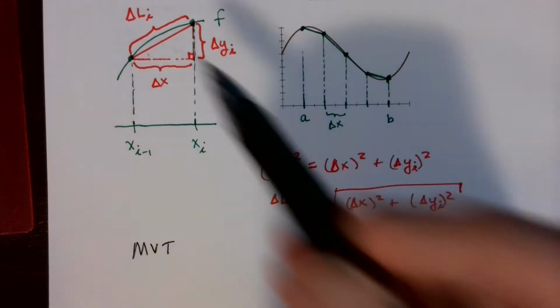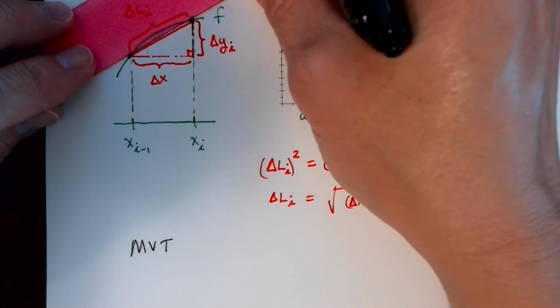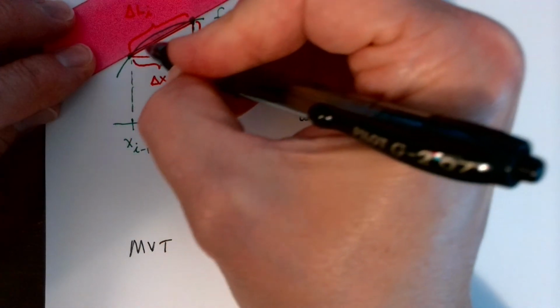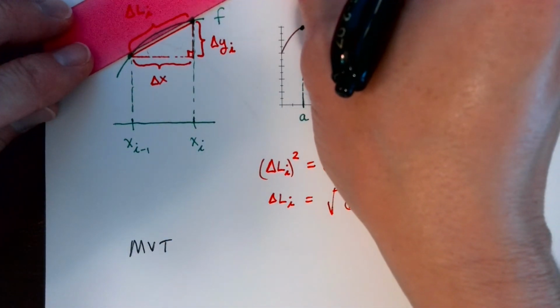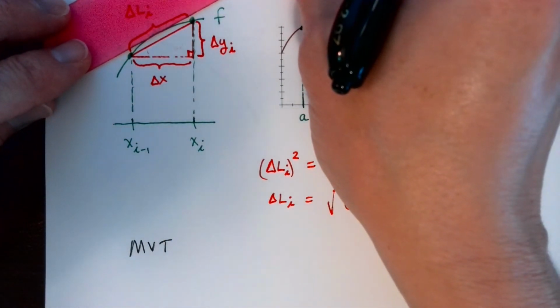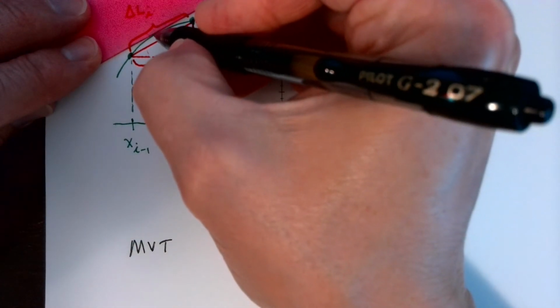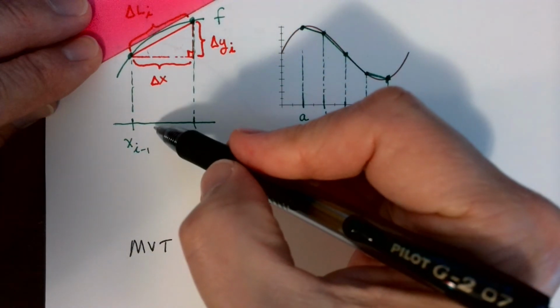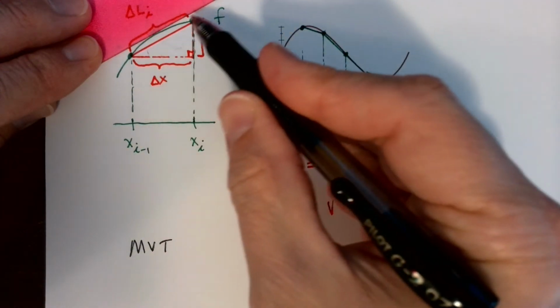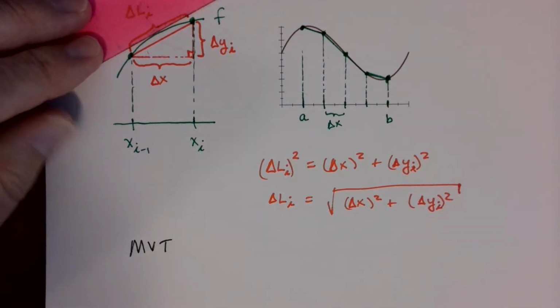We can even see on this subinterval where that might be. If I draw parallel lines and keep moving them until I just touch the graph of the function f, right about there, at that value of x the derivative, the slope of the tangent line, is going to be equal to the slope of the secant line. That's the mean value theorem, and we're going to use that.